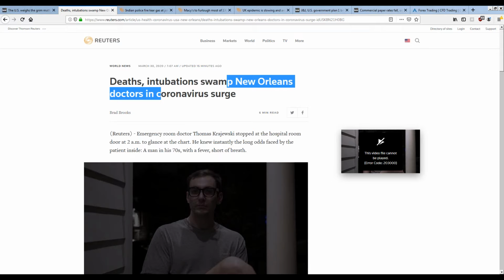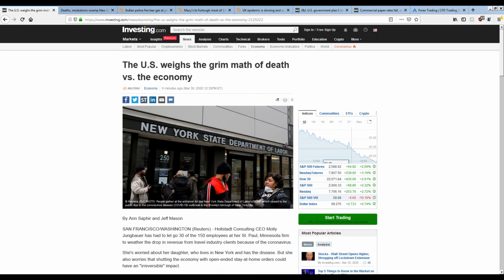New Orleans is next. They're talking some cities in Florida now are having huge outbreaks. This stuff's not going to be over anytime soon. Okay, so these headlines are pointing out that as much optimism as we saw in that first screen that we looked at back here, all the green, the VIX index is down, the fear index is down.